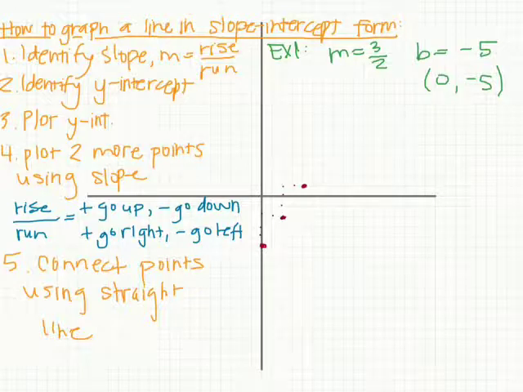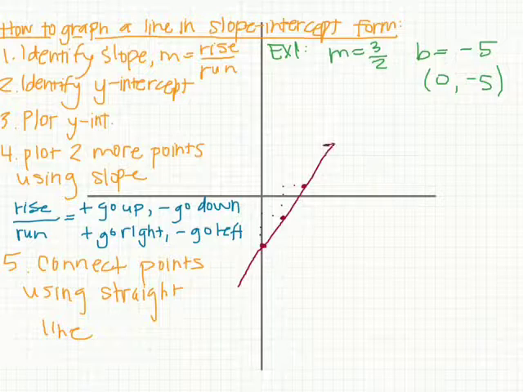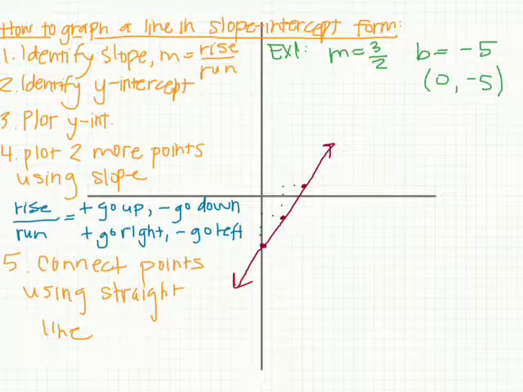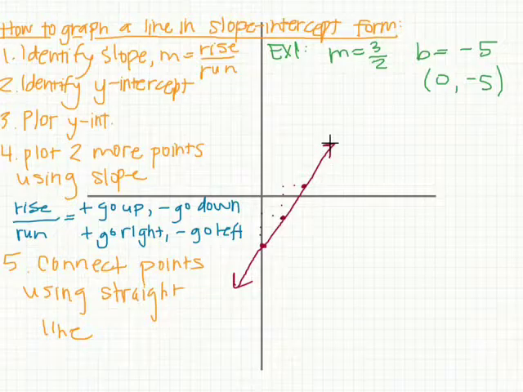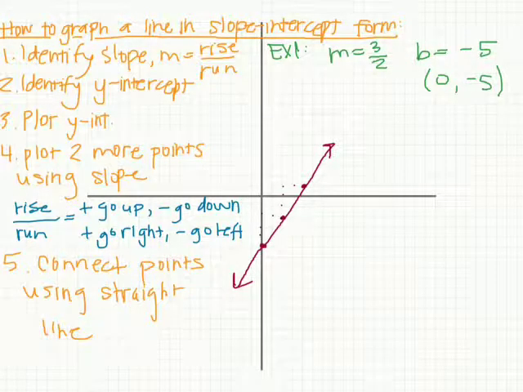So we will go through our dots and draw as straight of a line as you can through those dots. Make sure we put arrows on each end because linear equations go on forever. This is going to continue going down to negative infinity. This is going to continue going up to positive infinity. So we've got our 5 steps here. Let's look at a couple more examples.